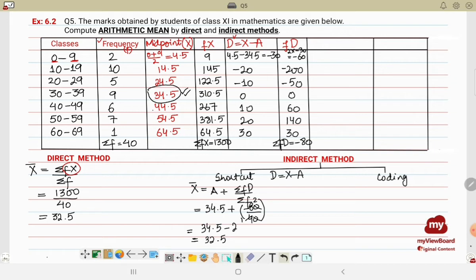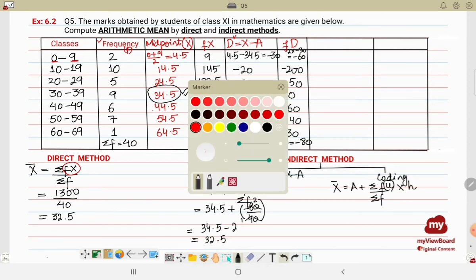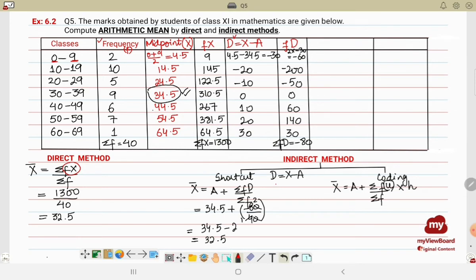Now let's move to the coding method. We'll write the formula first: x bar is equal to a plus sigma fu divided by sigma f multiplied by h. Now we have already found out a, that was 34.5, the assumed value of x. f is already there but u is not here. Now I will write down the formula for u, let me write it over here. What is the formula for u? u is equal to x minus a over h, right?